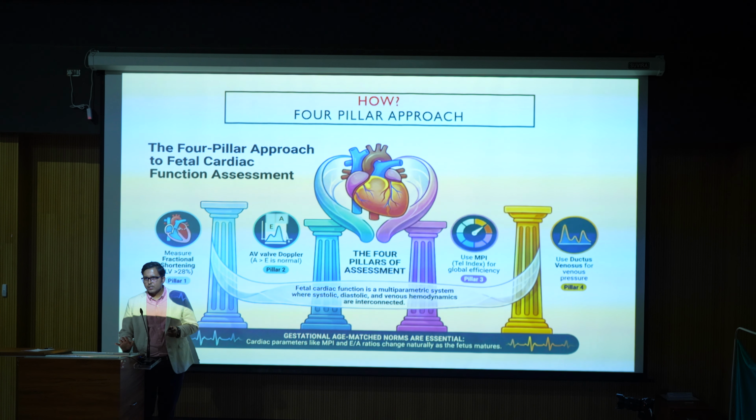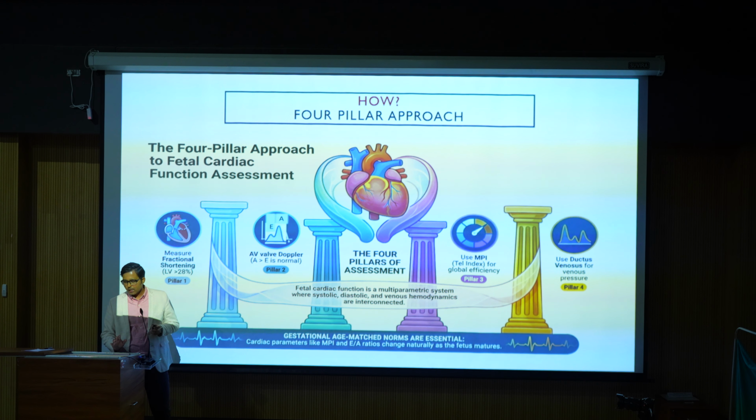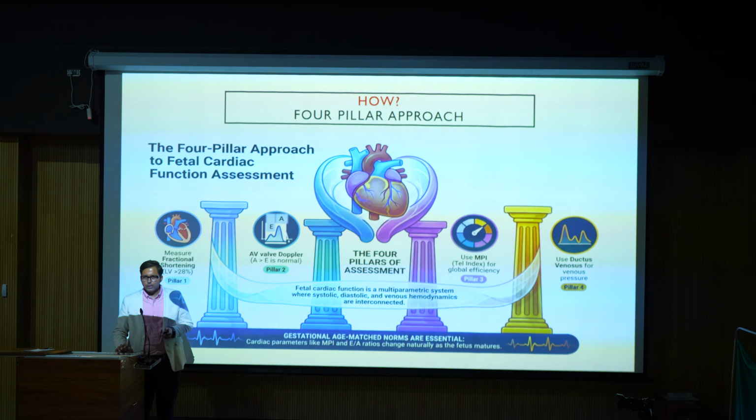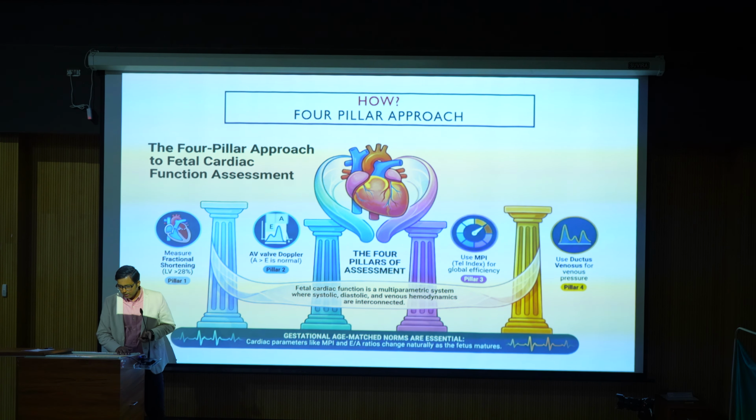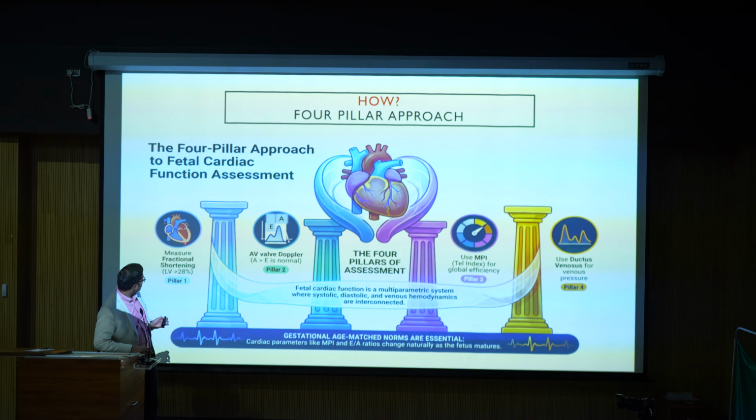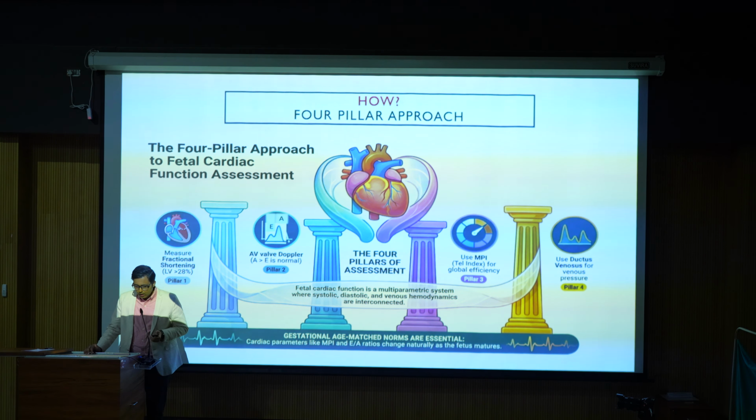Even though my talk is mainly about the myocardial performance index, I'll definitely be touching upon the overall functional assessment of the fetal heart, which has four main pillars. The first and most basic is the fractional shortening, which I talked about during the demonstration, where the LV fractional shortening should be more than 28%.